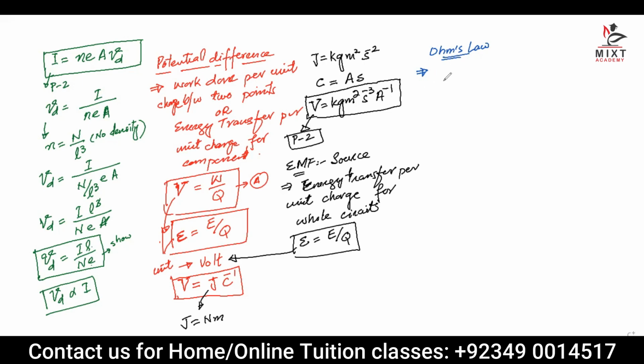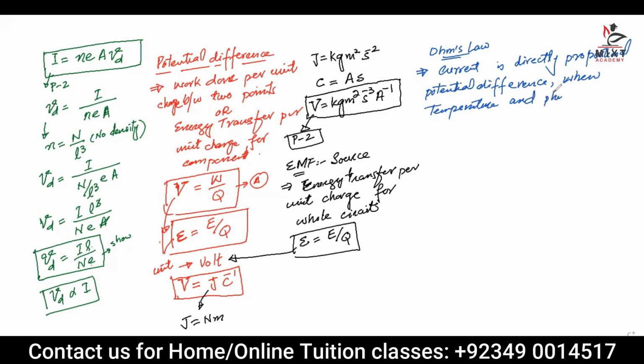Ohm's law states current is directly proportional to voltage. Okay, don't use the word voltage, use the word potential difference. So current is directly proportional to potential difference when the temperature remains constant, the conductor temperature and physical conditions.